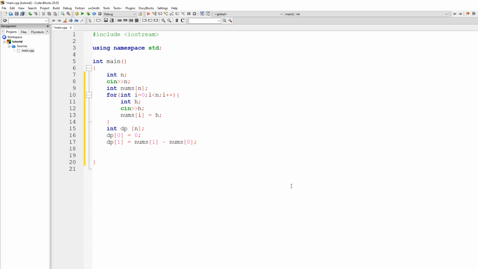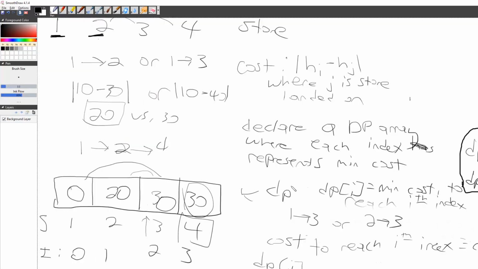Okay, and then we want to do for int i equals 2, right? Because we filled out the first two indices of our DP array. We want to fill out the rest. i is less than n, i plus plus. You're going to see our recurrence relation now.